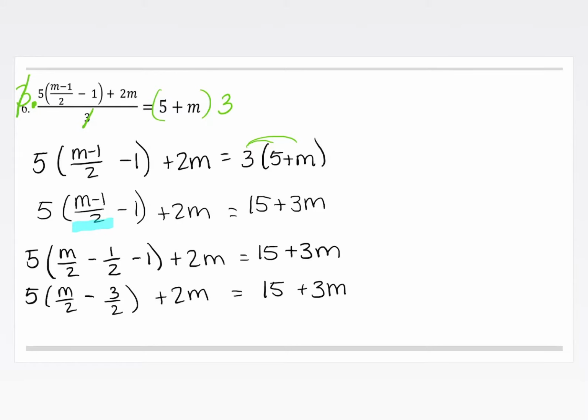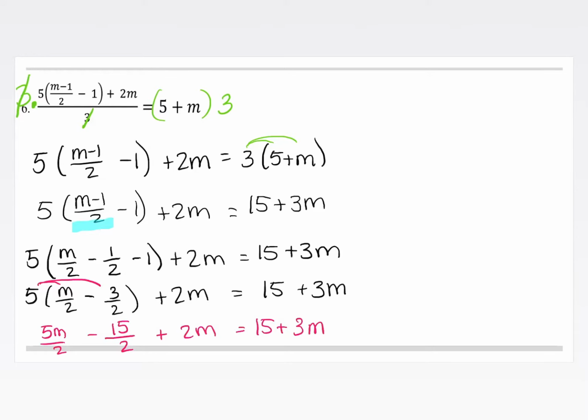Now I can apply the distributive property. So I will get 5m over 2 minus 15 over 2 plus 2m equals 15 plus 3m. Combining my like terms, since I have 5/2 m plus 2m, remember 2m is the same thing as 4/2.